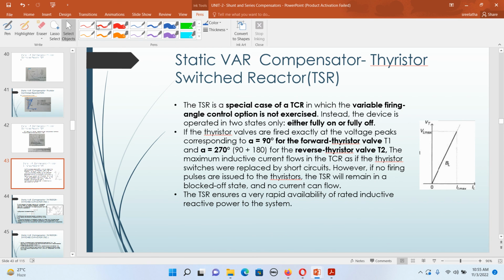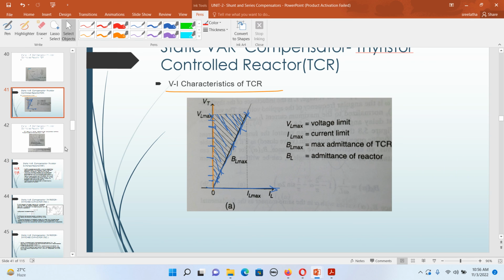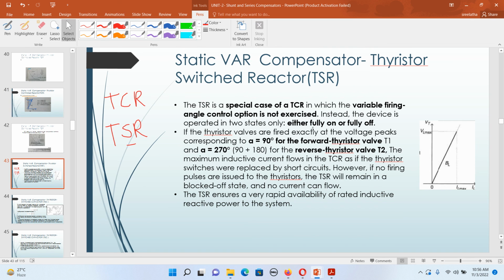So last time we discussed TCR, Thyristor Controlled Reactor. We have another thing, TSR. It is a switched reactor, a special case of TCR. It does not have this much variation. You saw that we have variations now, but in this one it can be either fully turned on or fully turned off.